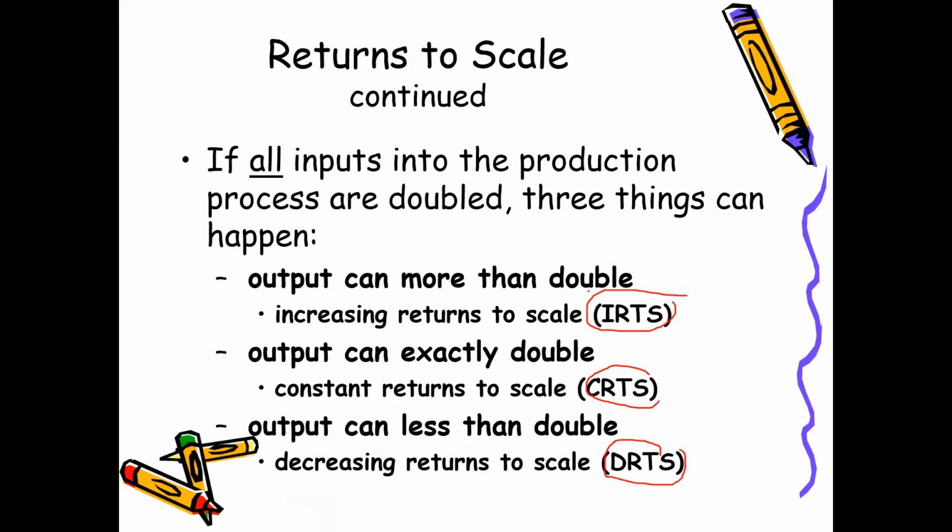Like I mentioned, increasing returns to scale: if you double all the inputs, output increases more than double. Constant returns to scale: when you double the input, output increases exactly double, the same amount. Decreasing returns: when you double the input, output increases less than that.